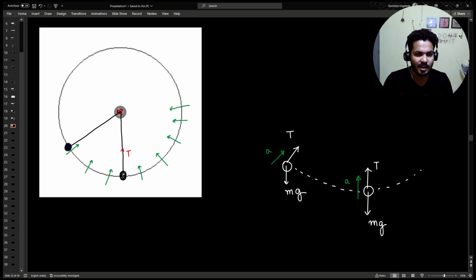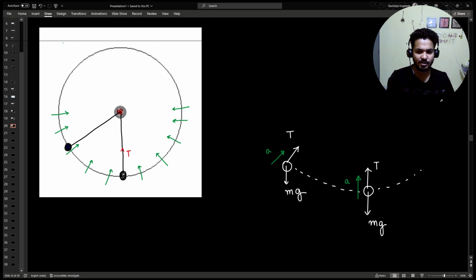The direction of centripetal force is always towards the center. So the acceleration is not unidirectional; it changes with time. In vertical circular motion, the direction of acceleration changes at every instant.